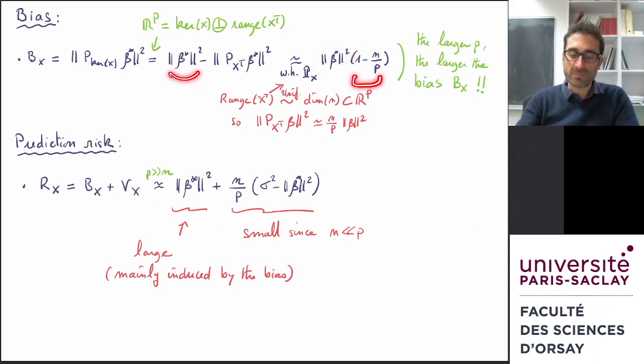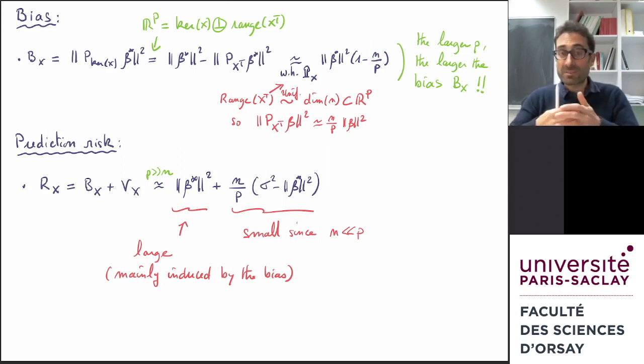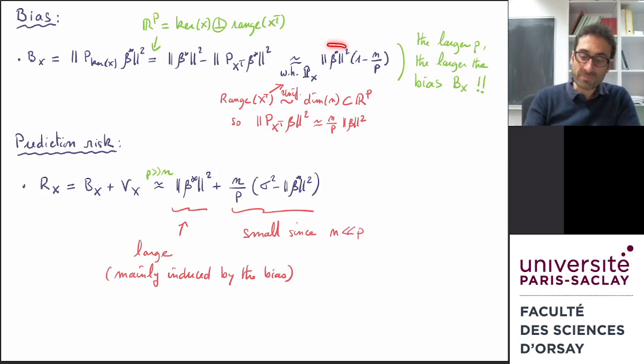The 1 comes from here, and the n over p comes from here. When p becomes very large, this goes to 0, and you have something which is as large as the square norm of beta star. This is essentially due to the fact that when p is very large, your prediction will be 0, so you will just have the norm of beta star as a bias, and you will have 0 variance.